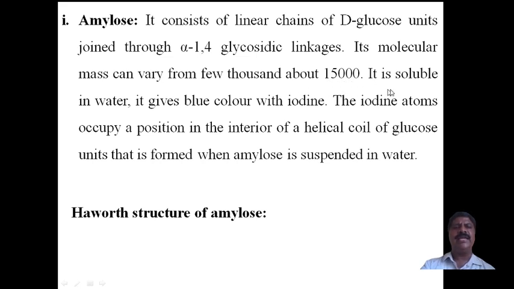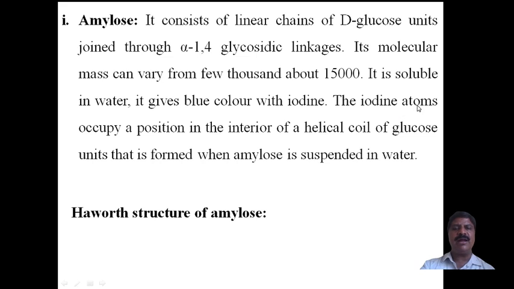The amylose is soluble in water, and it gives blue color with iodine. When we add the water solution of amylose, it turns blue. Iodine is a reddish brown color, but when it is added to amylose, the red color turns into blue. This indicates that it contains amylose.